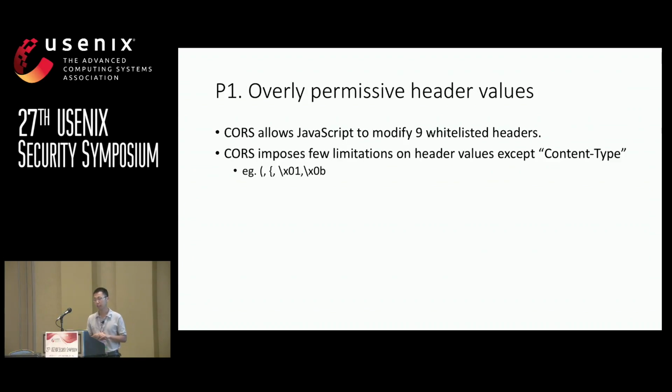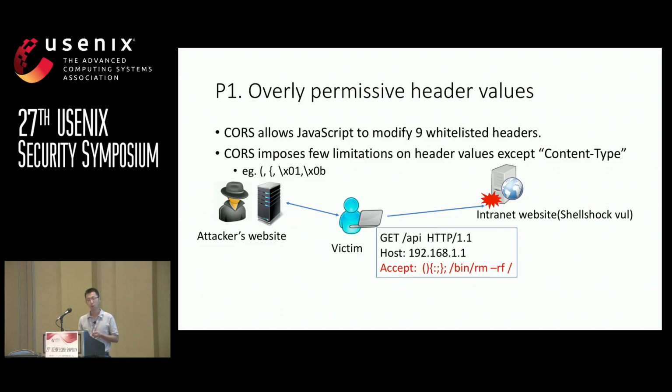The first one is permissive header values. CORS allows JavaScript to modify nine whitelisted headers, but it imposes few limitations on header values. That means an attacker can customize these headers with attacking payloads.